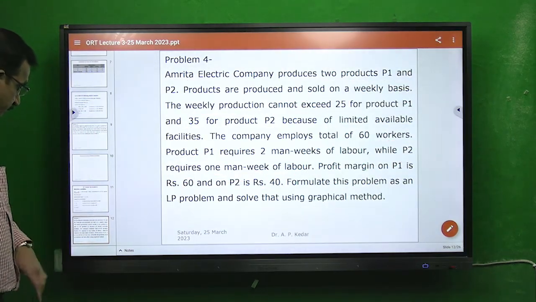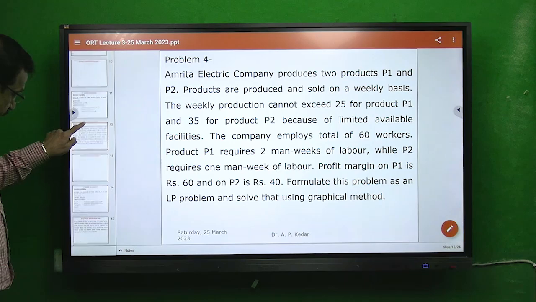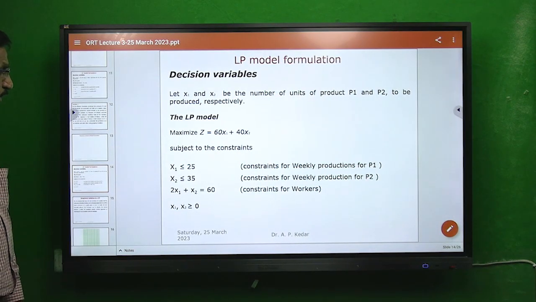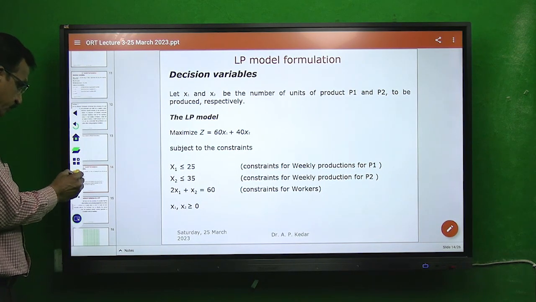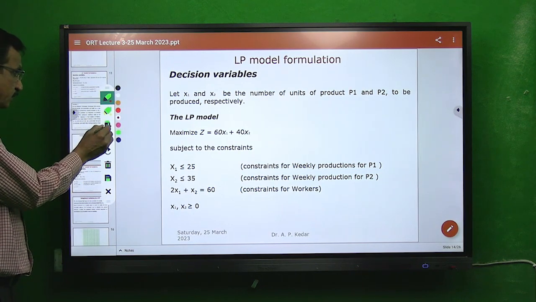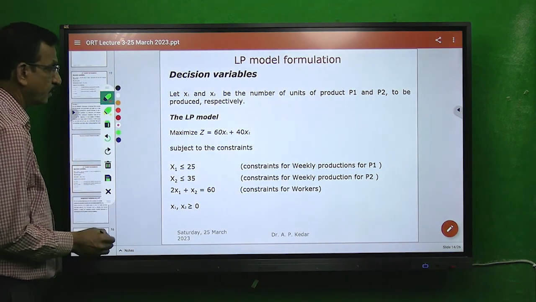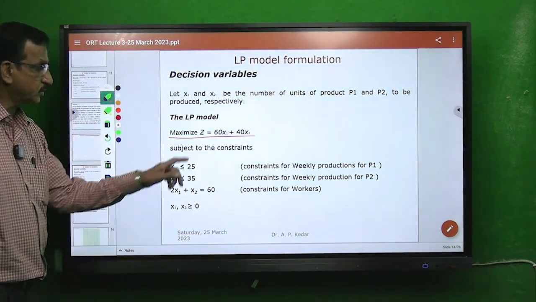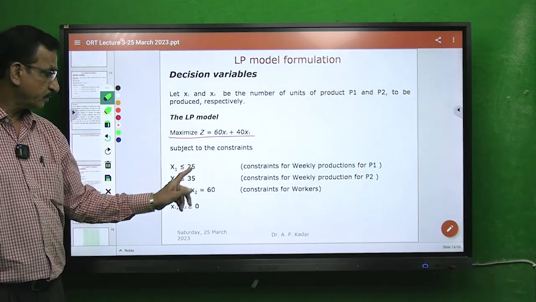Now, based on the constraints of the previous problem which are given, the final version of the formulation will be like this: maximize Z equals 60 x1 plus 40 x2, where x1 is the units of P1 to be produced and x2 is the units of P2 to be produced.